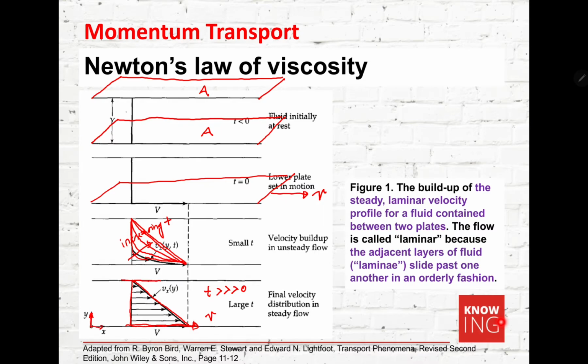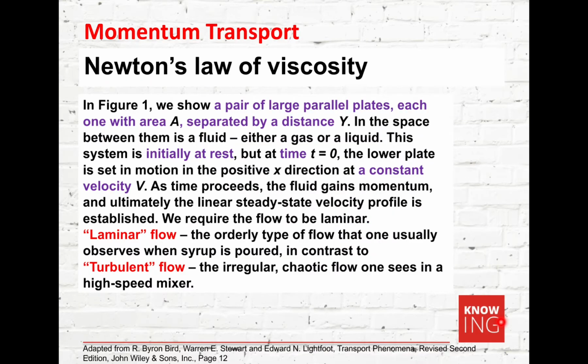For the situation that we illustrate here, we are dealing with laminar flow, which refers to fluids of low molecular weight. This particular scenario will be used to derive Newton's law of viscosity. This next slide basically just tells you what I have told you on the previous slide.